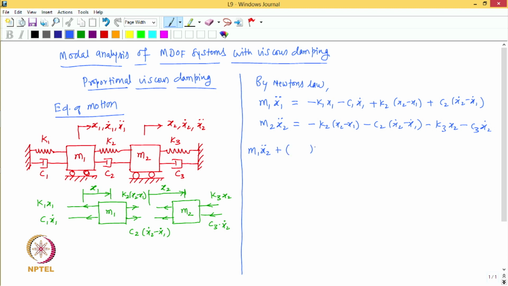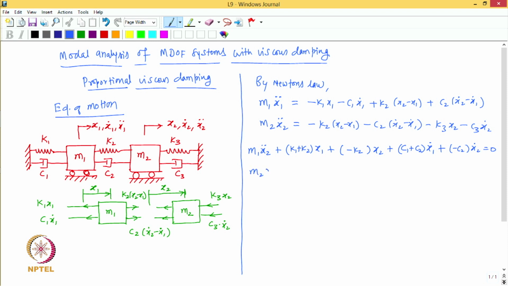So let us first write down the coefficient of x1, that is going to be k1 plus k2, then the coefficient of x2, that is minus k2, then the coefficient of x1 dot, that is c1 plus c2, and then the coefficient of x2 dot, which is minus c2. This should be equal to 0.